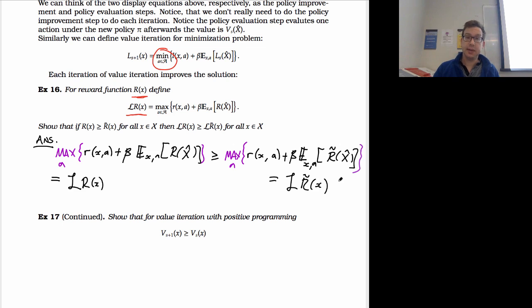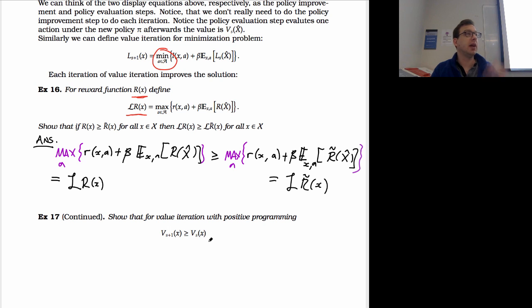And we can use this now to show that for value iteration with positive programming, the value function in each iteration is always increasing. So after s plus 1 iterations of value iteration, I'm going to have a bigger number than I did after s iterations.